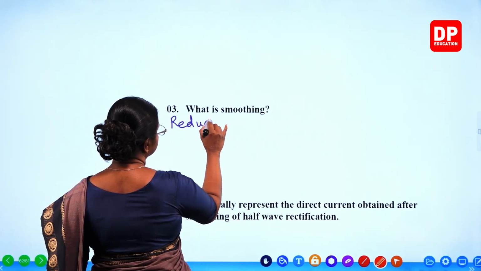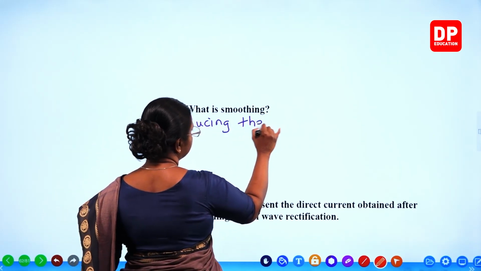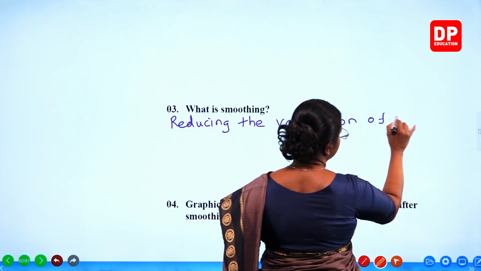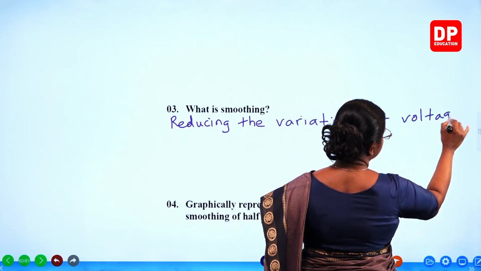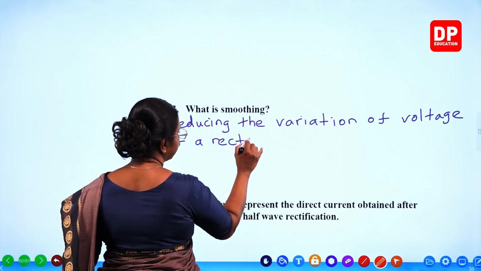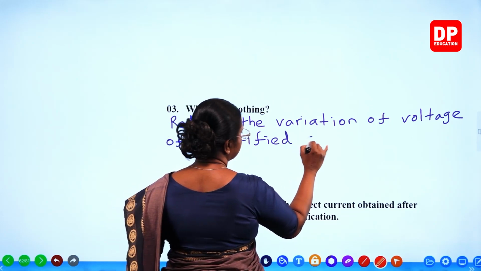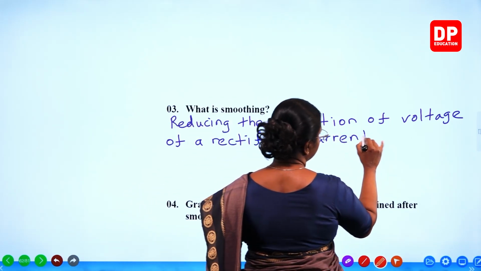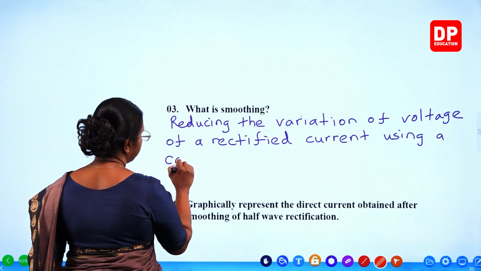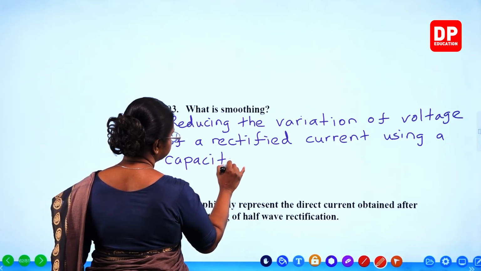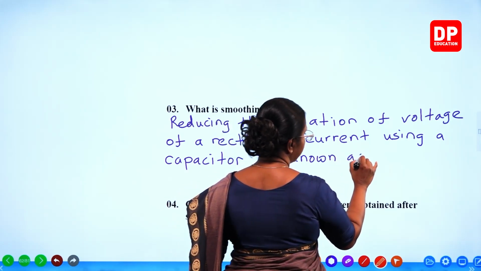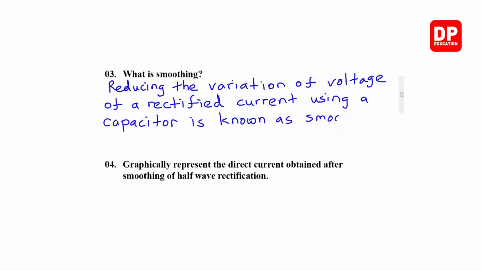Reducing the variation of voltage of a rectified current using a capacitor is known as smoothing.